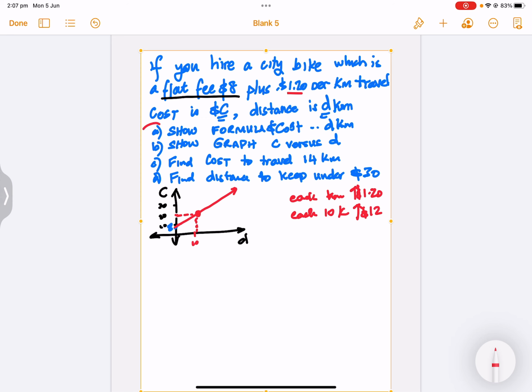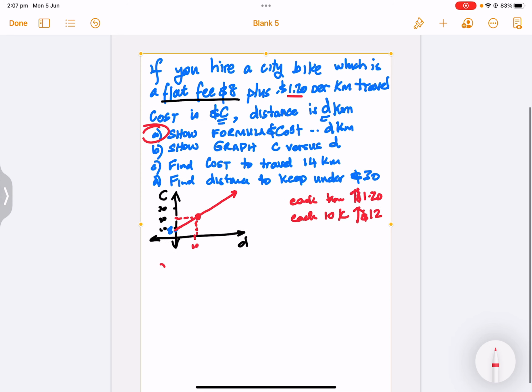However, the formula is the cost is simply 8 plus $1.20 for every D. So that is how you take your flat fee, your constant, and $1.20 becomes the multiplier of D. It's like the gradient value. So it's $1.20 times D.